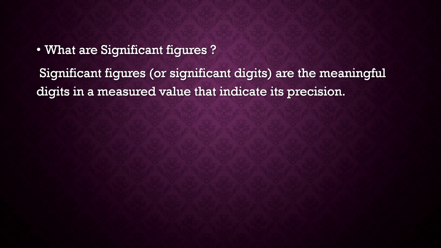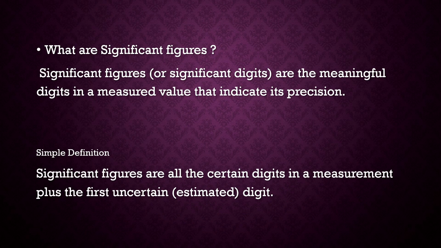Okay. Now the main important concept is what are significant figures. Significant figures or significant digits are the meaningful digits in the measured value that indicate its precision. So you remember what precision is.